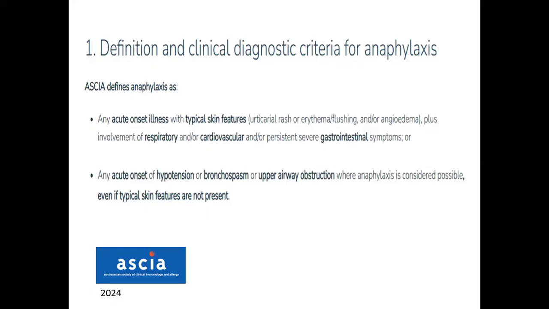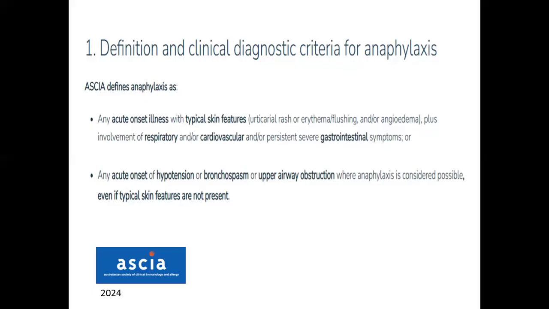That means if you suspect the patient is having anaphylaxis, any acute hypotension without any other thing, no skin, nothing, only hypotension, is taken as anaphylaxis. Only bronchospasm can be taken as anaphylaxis. Only upper airway obstruction, like only stridor, can be taken as anaphylaxis if the setting is correct. So that is the most recent definition of anaphylaxis by ASCIA.